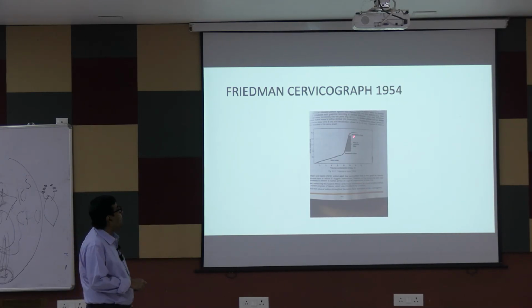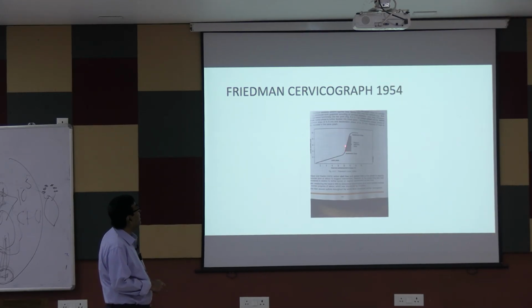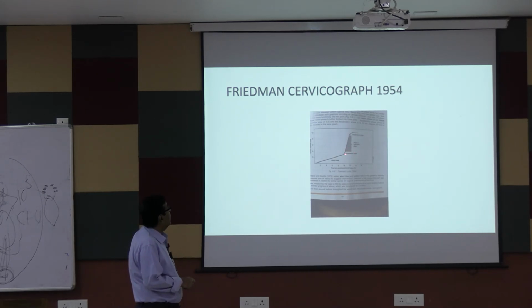Now it is changed. What Friedman did: after the latent phase, there is the active phase of labor. The first part of active phase is the phase of acceleration. The second part is the phase of maximum slope, where the contractions are higher in intensity, duration and magnitude.